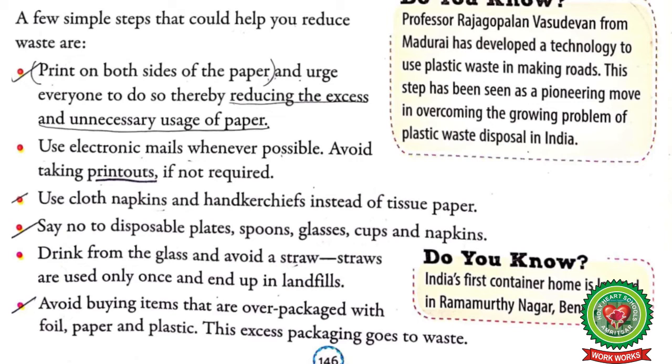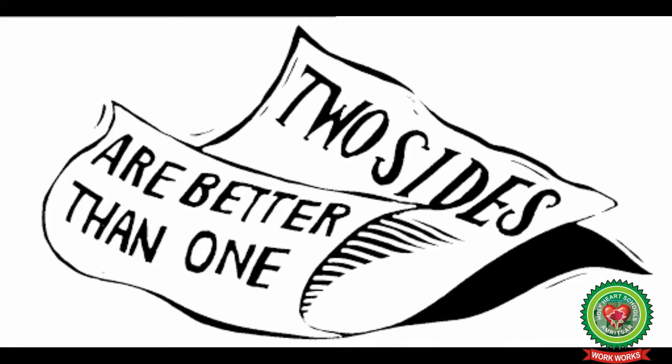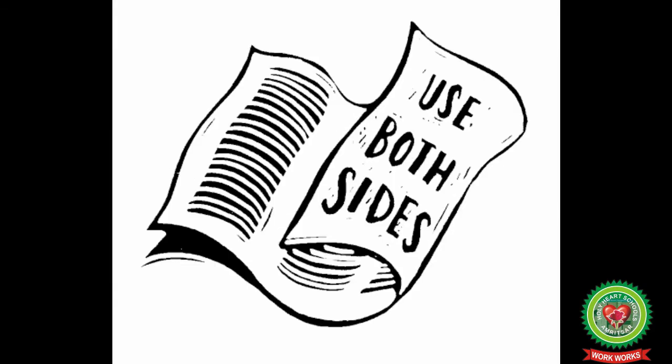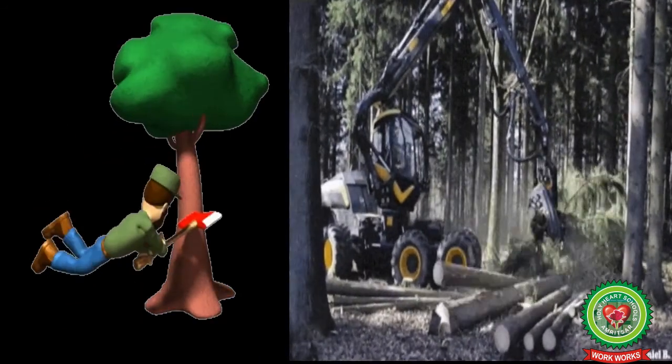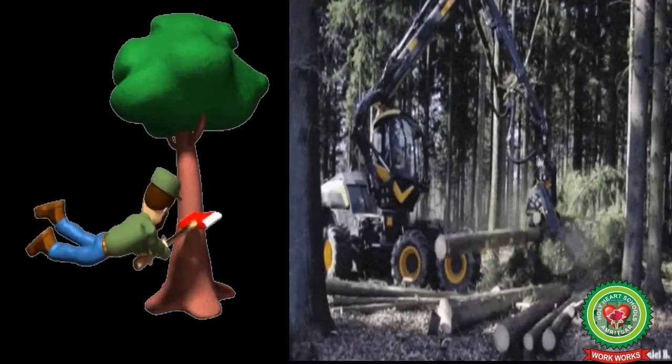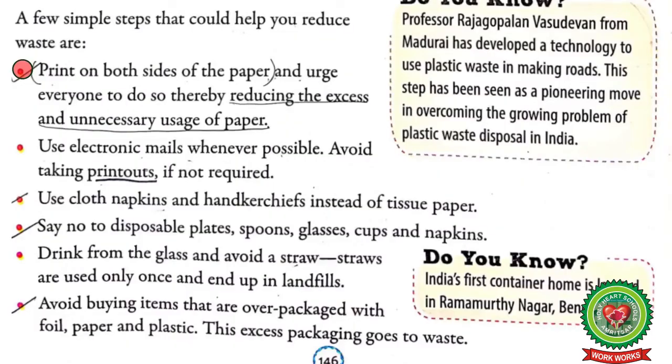Now students, a few simple steps that help us to reduce waste are: number 1, print on both sides of the paper and urge everyone to do so, because this reduces the excess and unnecessary usage of paper and also reduces the cutting of trees on a large scale to make paper.